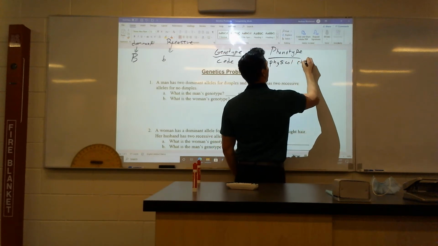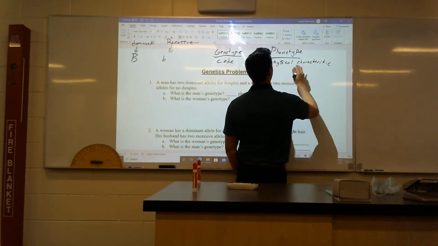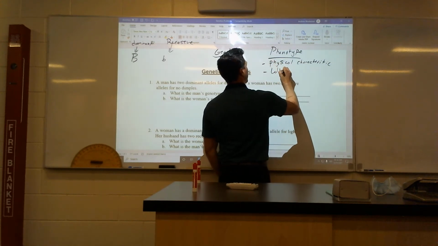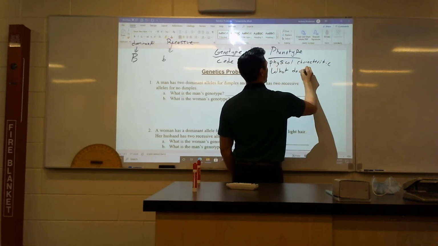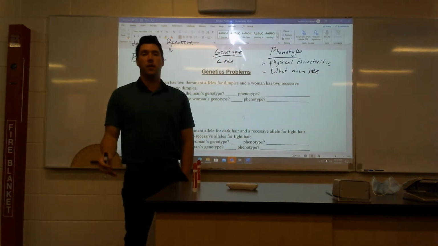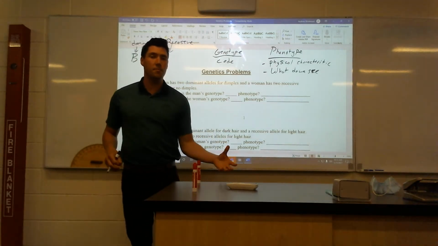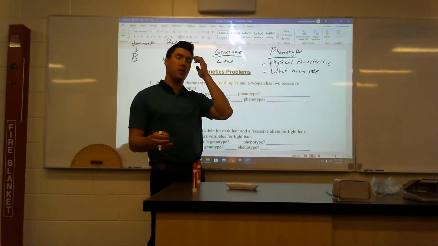Physical characteristic. Make me spell on the spot. Okay? What do we see? Okay, do I see blonde hair? Or when this one we're talking about eyes? Dimples. This one we're talking about dimples. Do I see dimples? Are there no dimples? Okay, what do I actually see?